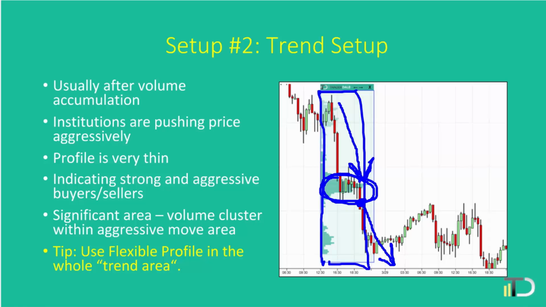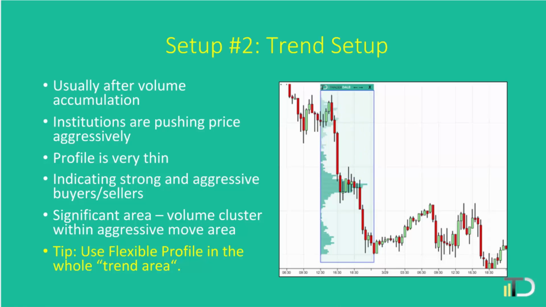So now we know that this volume cluster is a place where strong sellers were adding to their selling positions. If the price comes back to this area, if it makes a pullback to this area, it will most likely make a reaction because those strong sellers will be defending their positions. It's the same logic as in setup number 1 I was showing you before.